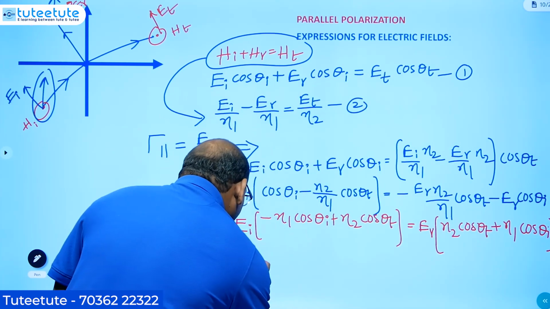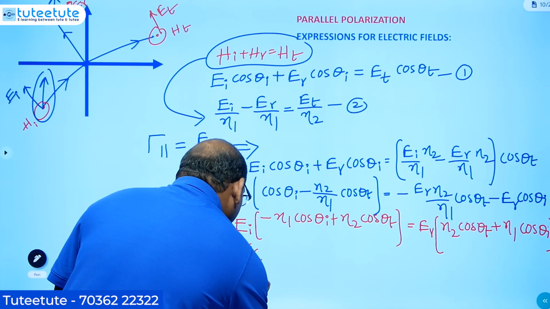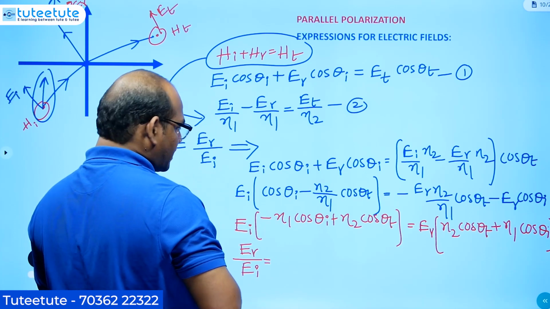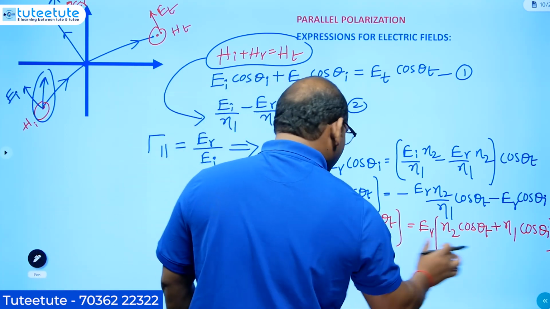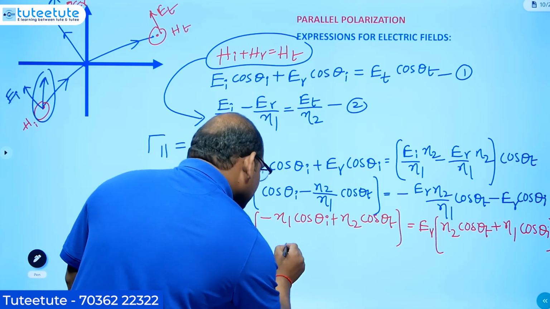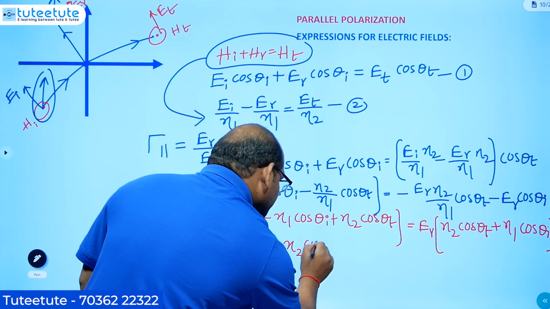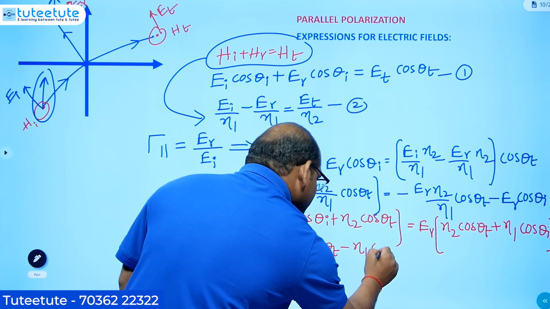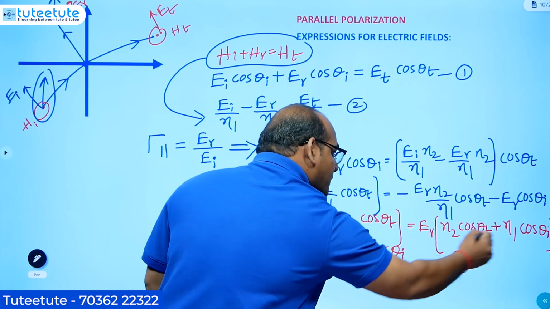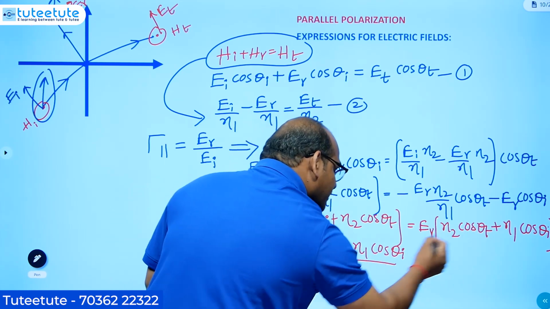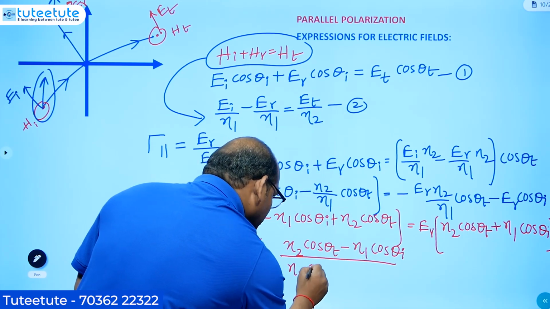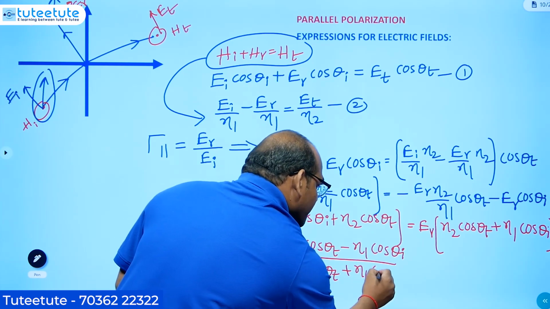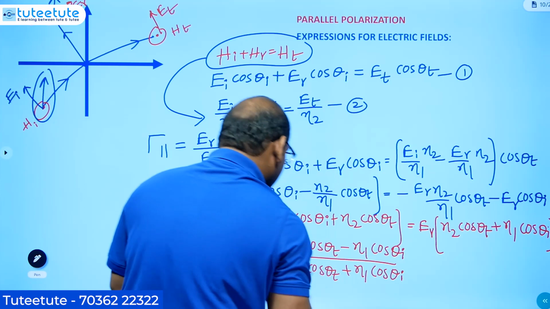Now, as per our reflection coefficient definition, we need ER by EI. So we send this one to this side, and this will be the numerator: eta 2 cos theta t minus eta 1 cos theta I, divided by eta 2 cos theta t plus eta 1 cos theta I. So this is what we can get.